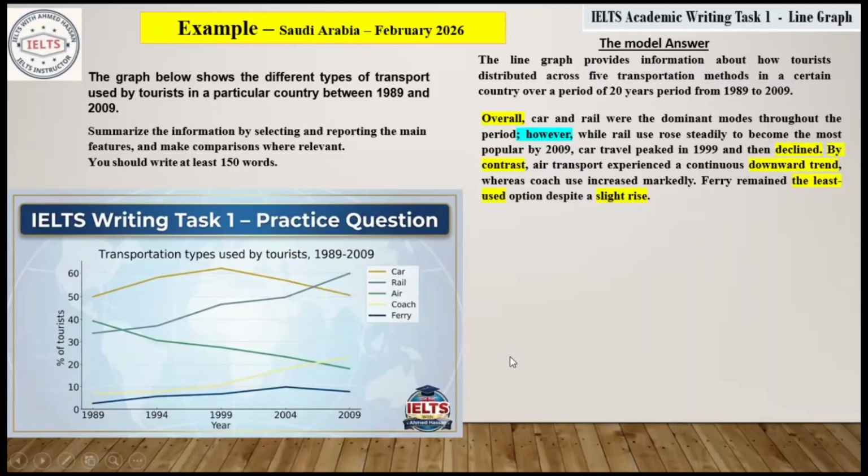Markedly is an adverb that describes increase. Markedly, remarkably, in a huge number. Exactly, remarkably.